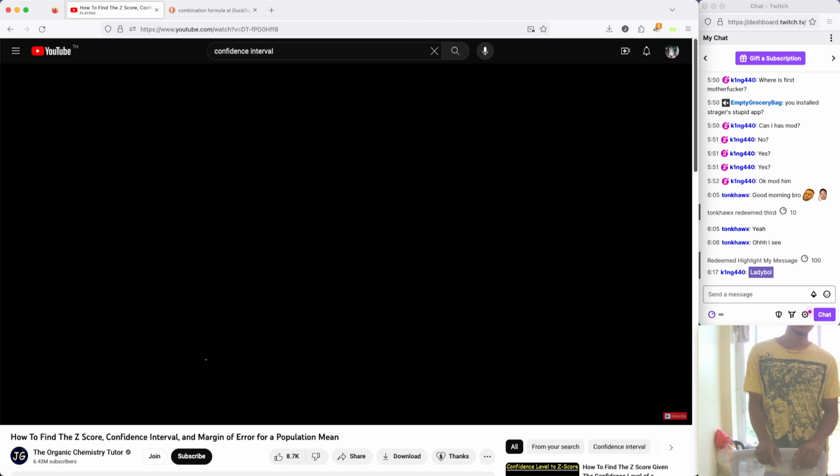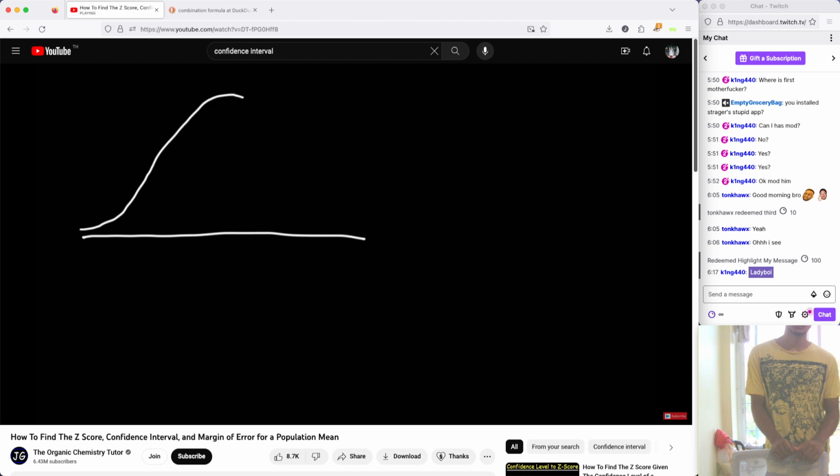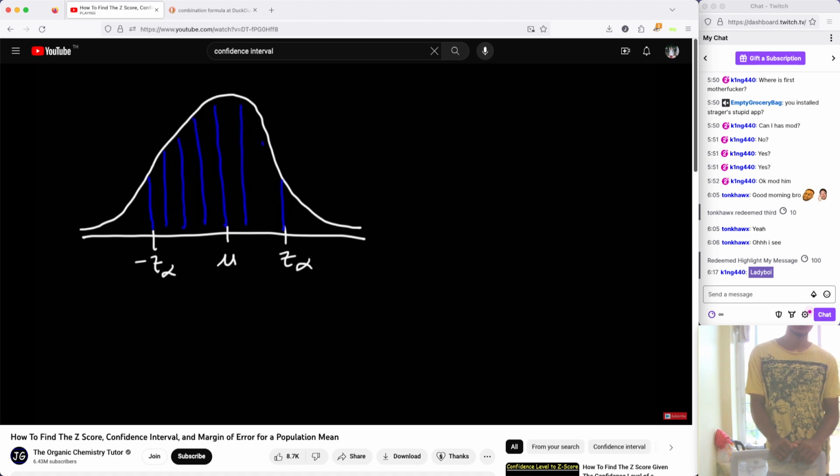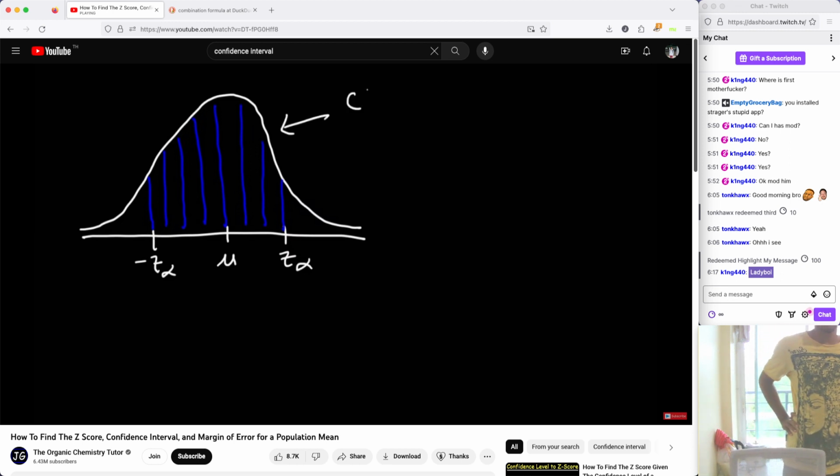So let's illustrate this with a picture. Let's draw our normal distribution curve. So here is the population mean. Let's say this is positive Z alpha. We're going to say this is negative Z alpha. So the area under the curve of the region shaded in blue, that's going to be our confidence level.